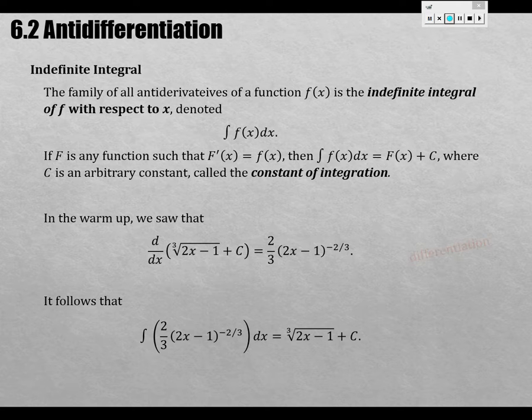There's a lot to digest there. Is that okay? This is what we mean by antidifferentiation, or the indefinite integral. Same thing. We'll treat those as being the same.